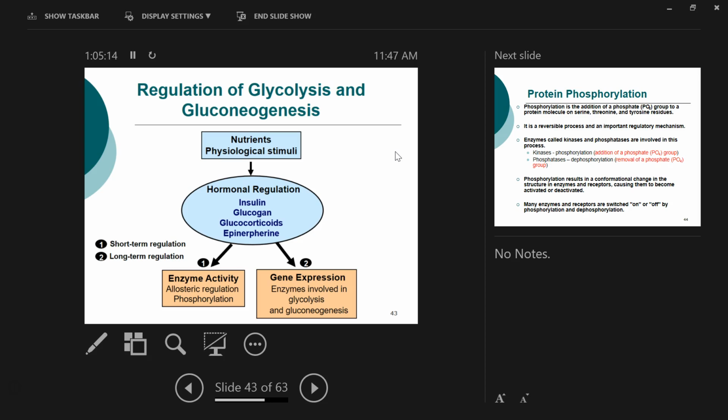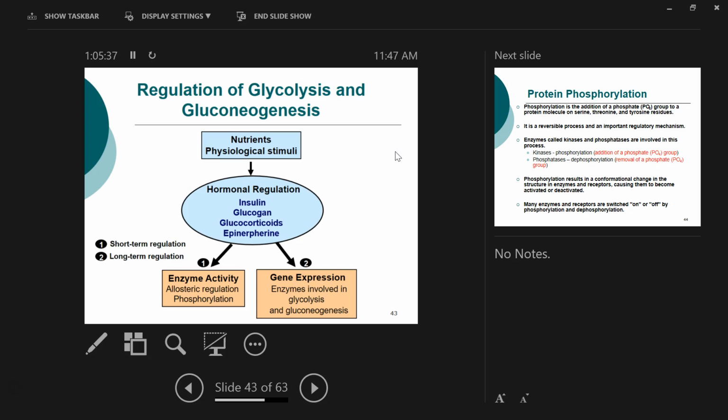The glucocorticoid and epinephrine levels can also change, particularly during exercise, right? Epinephrine also is involved in the regulation of glucose and lipid metabolism as well.